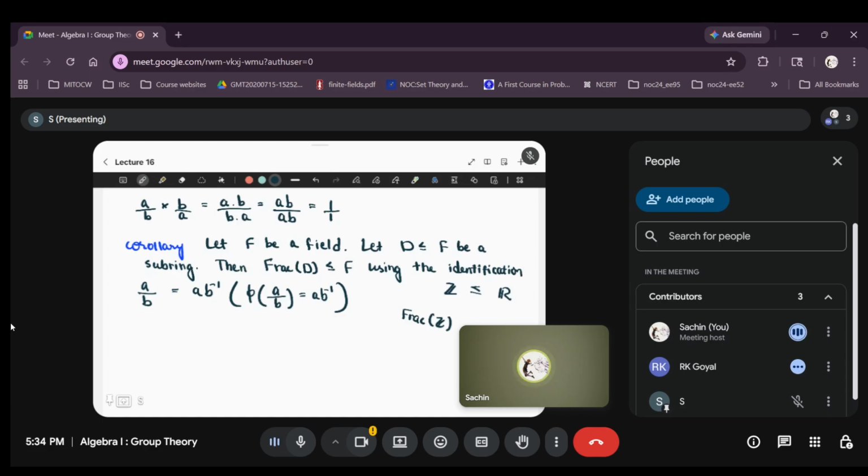Yes, what are the field elements? What is this field? For integral domain D we form the fraction by writing A by B as the field elements, where A and B are both elements from the integral domain, and B is not zero. But if that integral domain is the set of integers, what is the fraction field then?